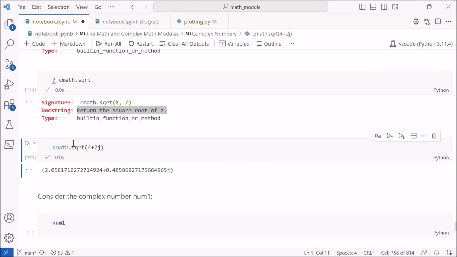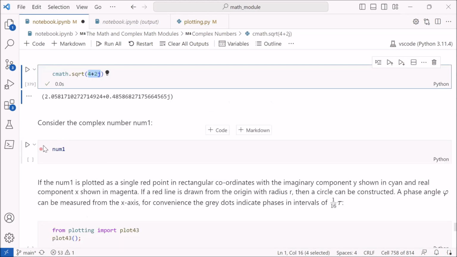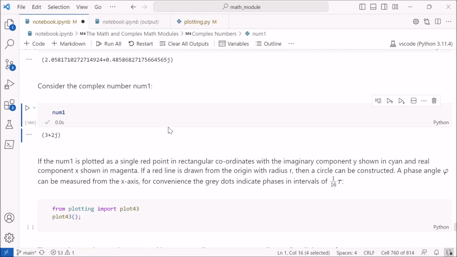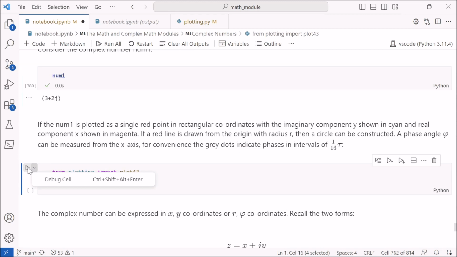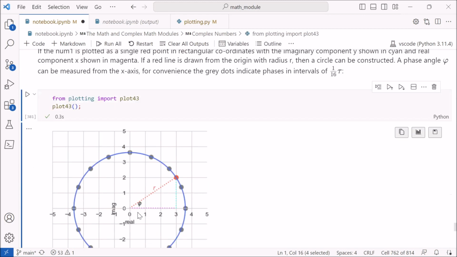So we can just test this out using a complex number. So the mathematics is harder to work out on pen and paper with a complex number than it is with a real number. So if we consider the complex number num1, 3 plus 2j, and we plot this out on a circle, we can see it's this red dot.